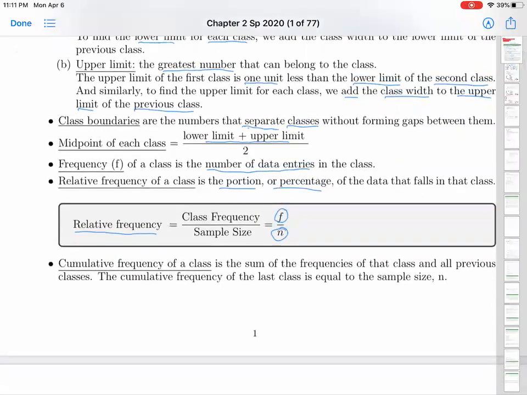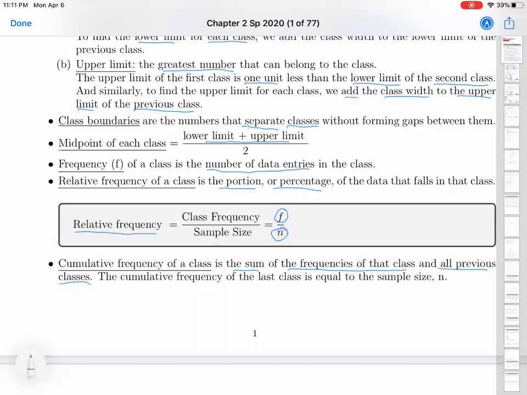Cumulative frequency of a class is the sum of the frequency of the class and all the previous classes. In order to find the cumulative frequency, you take the frequency of that class and add all the frequencies of all the previous classes.